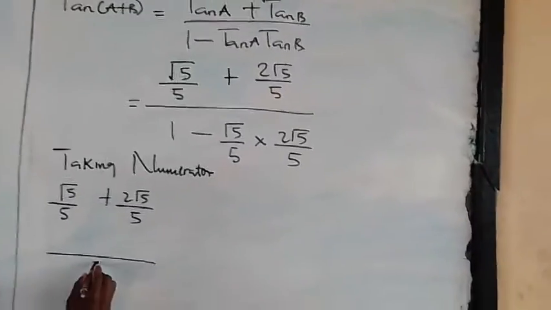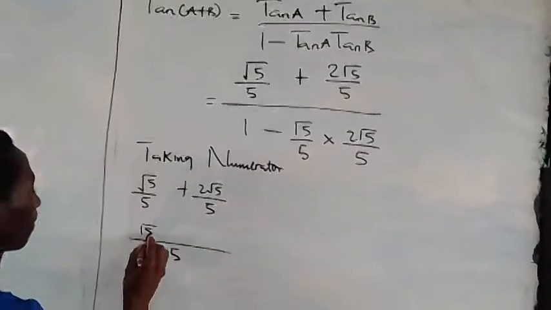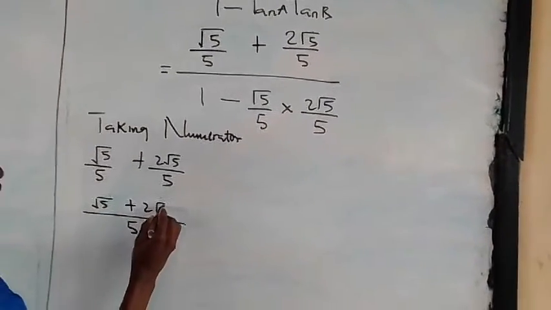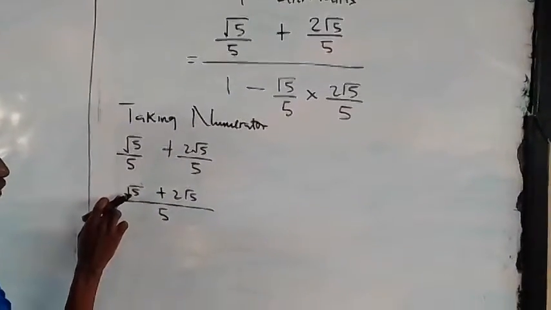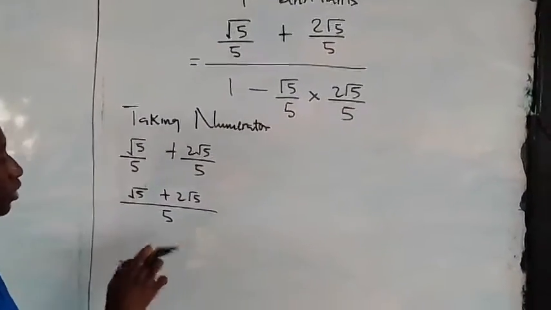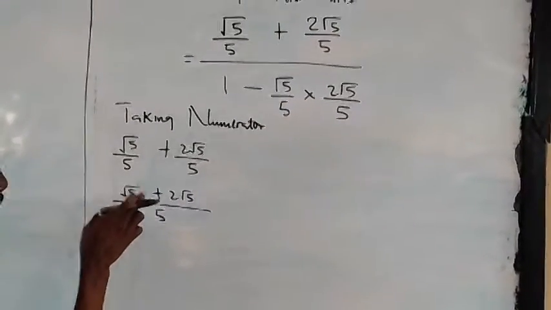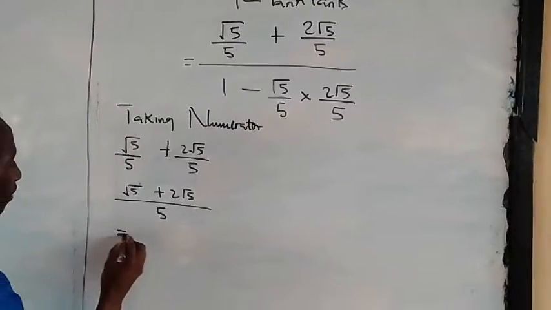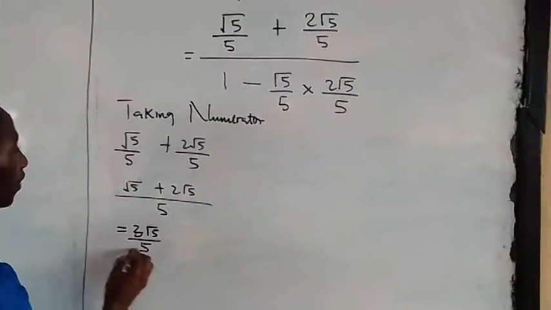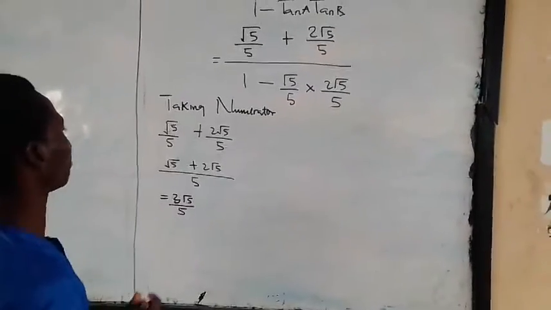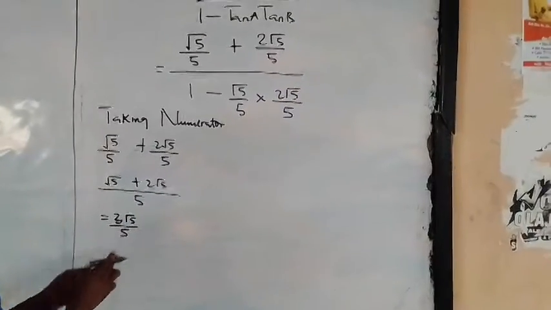The LCM of this is 5. So we have root 5 plus 2 root 5. 5 in 5, 1; 1 times root 5, we have root 5. 5 in 5, 1; 1 times 2 root 5, we have 2 root 5. Root 5 plus 2 root 5, we have 3 root 5 all over 5. So our numerator is 3 root 5 over 5.